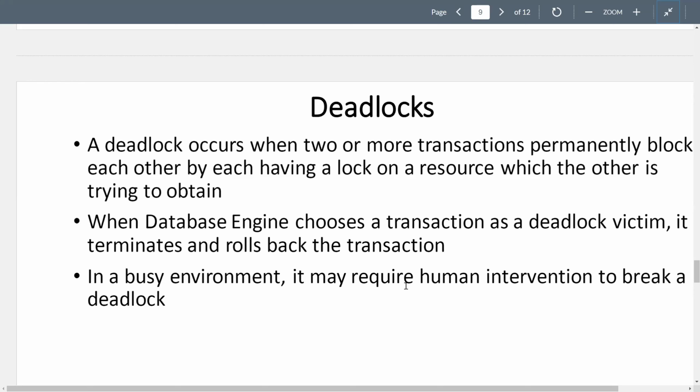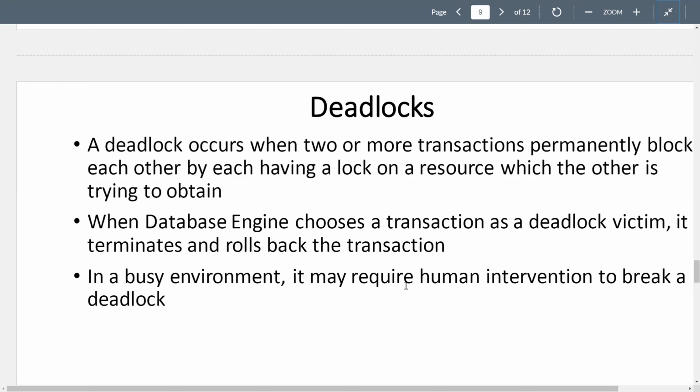They all need resources 1, 2, 3. So A has locked up 1, and A is waiting for 2 and 3. And B has locked up 2, and B is waiting for 1 and 3. C has locked up 3 and is waiting for 1 and 2. But they will not release their respective locks until they are done, right?